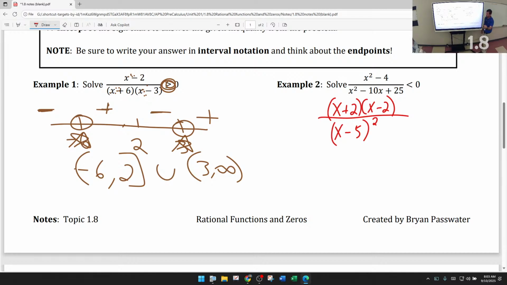Some of you guys are probably good enough to realize that if I'm going to square it, it doesn't matter what the heck I put in there. That's going to be a positive. So I really don't need to plug and chug down here because it's going to be a positive. If you have it x minus 5, you might have to plug and chug. Just think about all that stuff, right? So number line, I need a -2.